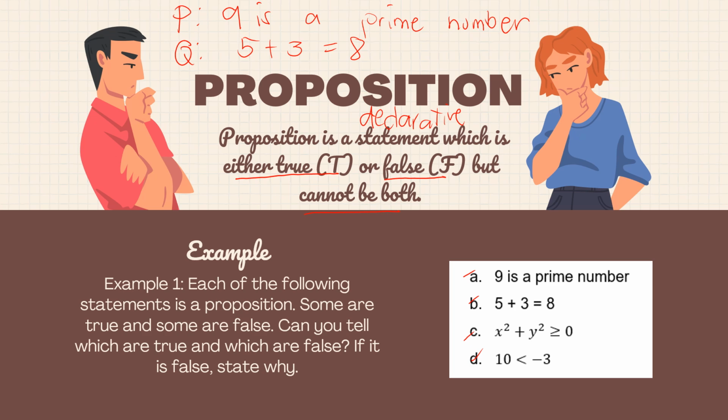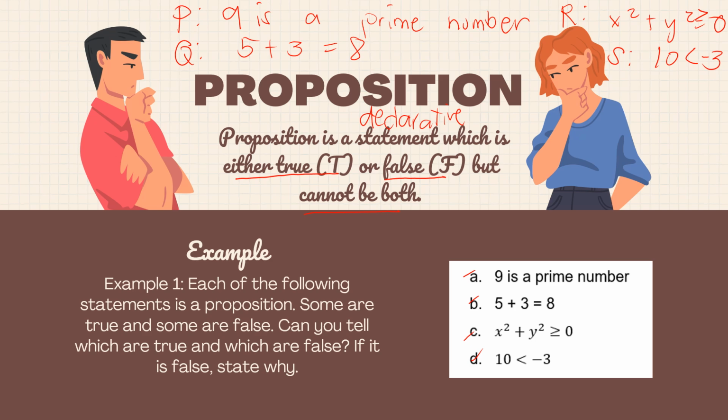And then, if we have more propositions, we write it as R. Then, x squared plus y squared is greater than or equal to 0. And then, if we have more, let's write it as S. 10 is less than negative 3. So, that's how we write a proposition.